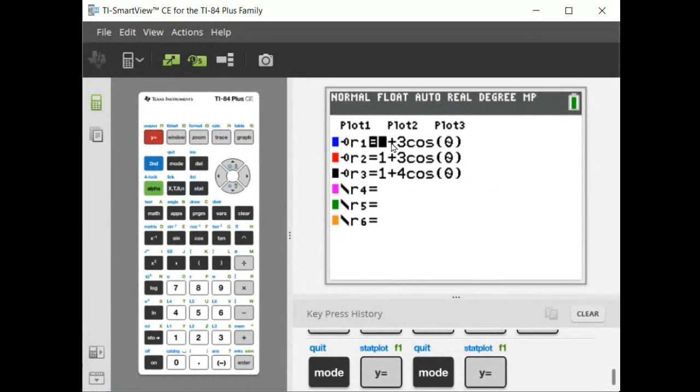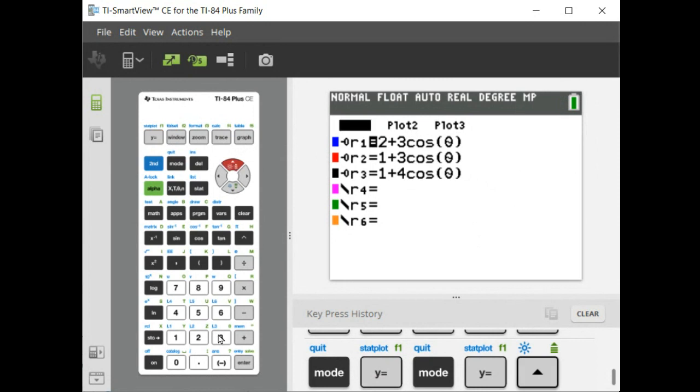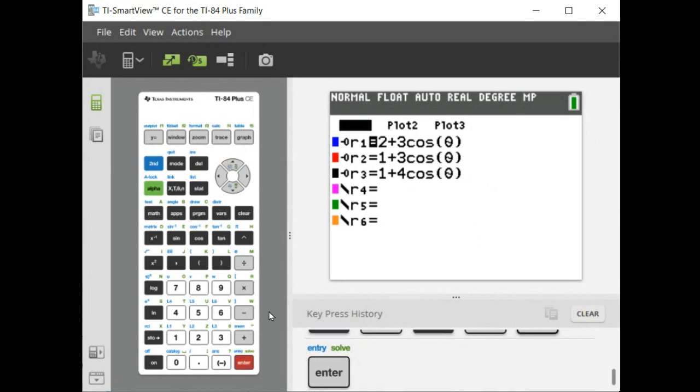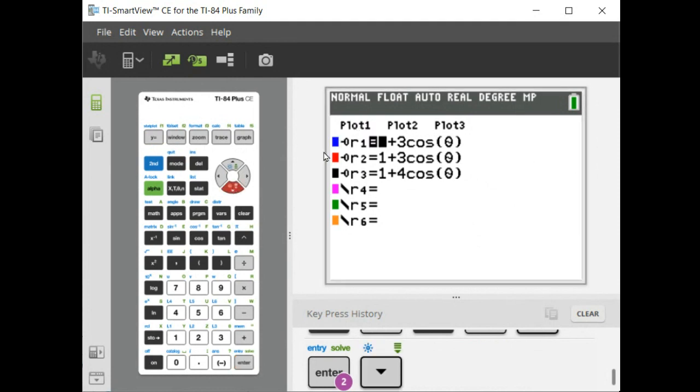Go back to y equals and see if you typed this in correctly. If it's still giving you an error, do you see any of these plots highlighted? If any of these are highlighted, you need to unhighlight them. That's probably why, because your plot is on.